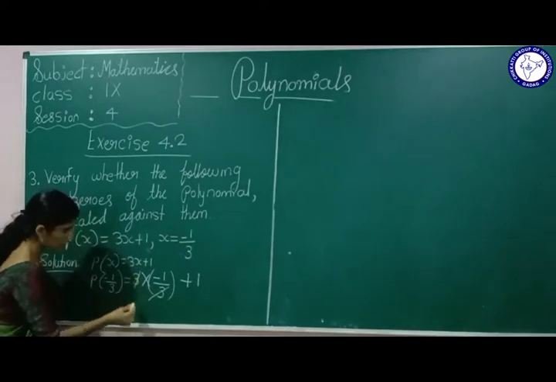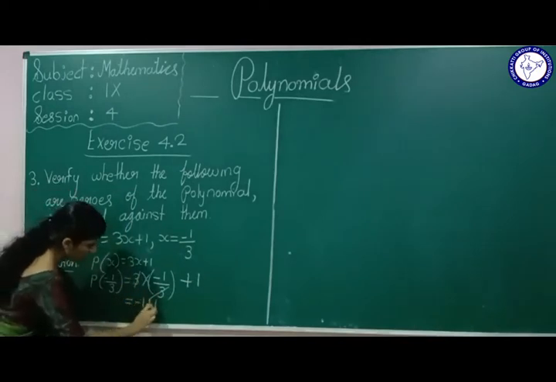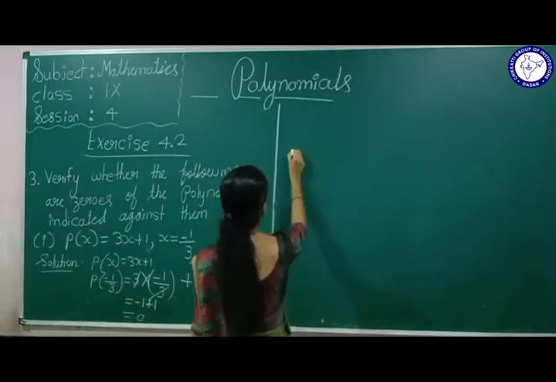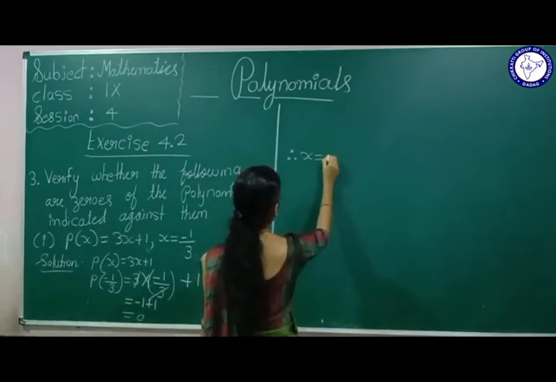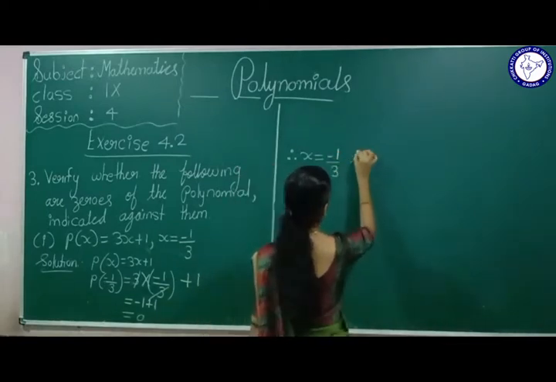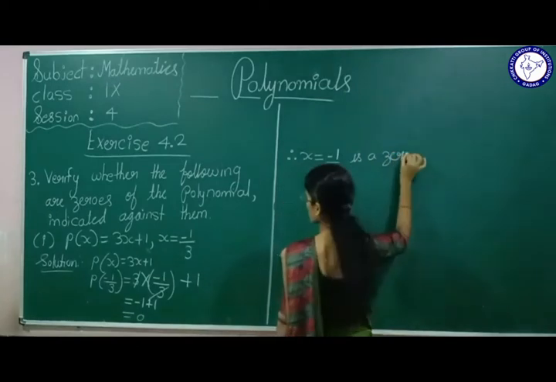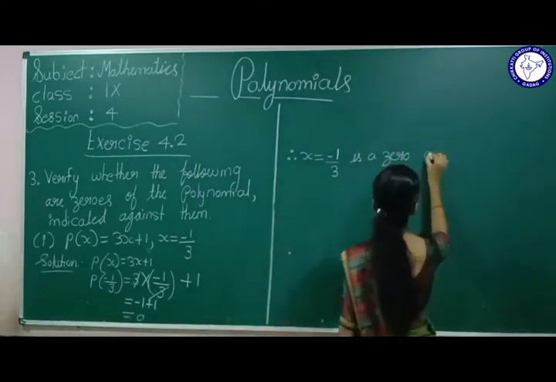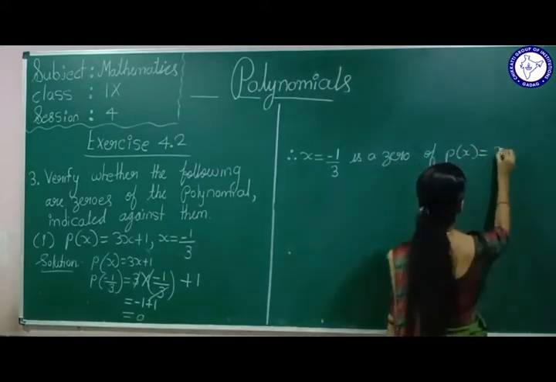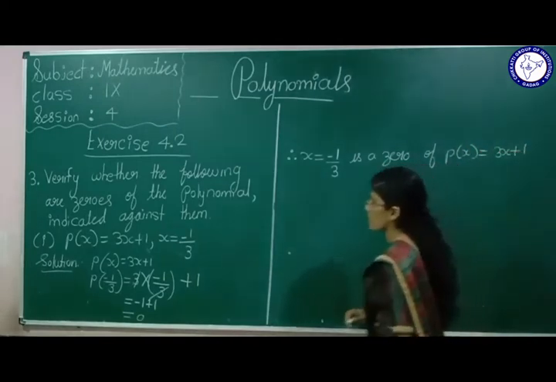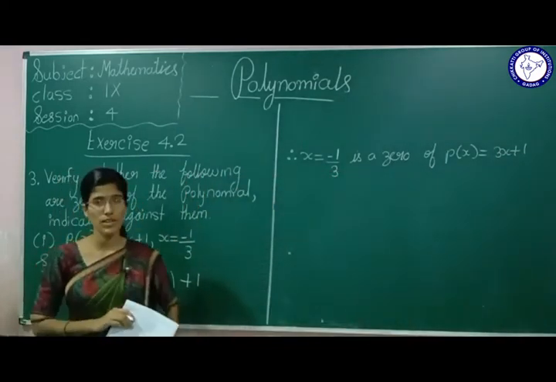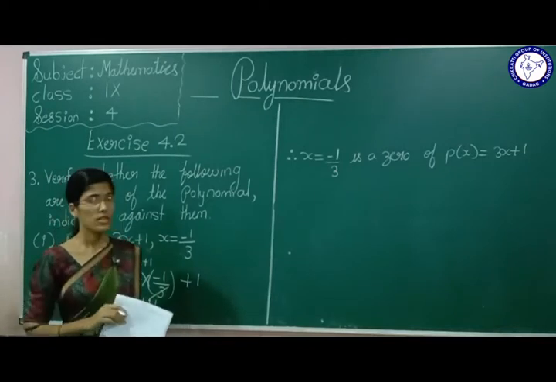The 3 will get cancelled, minus 1 plus 1 is 0. Therefore, x is equal to minus 1 by 3 is a zero of p of x is equal to 3x plus 1.